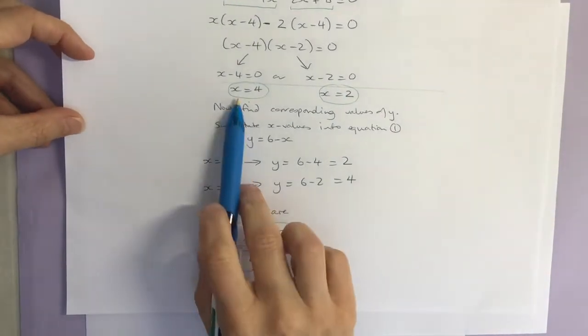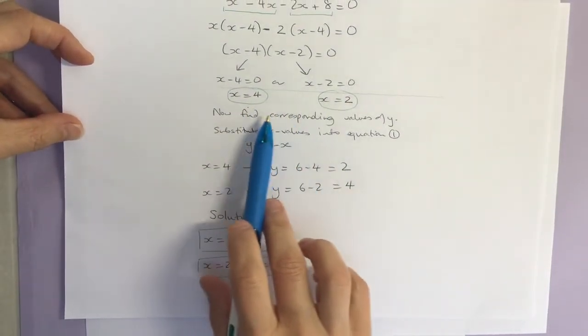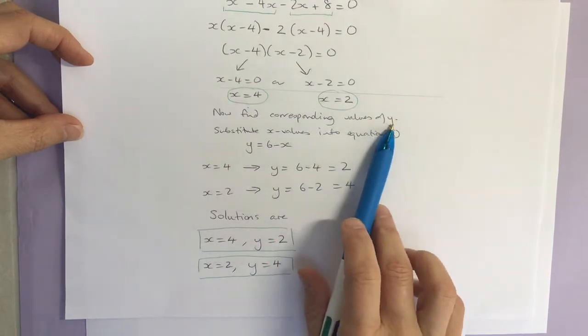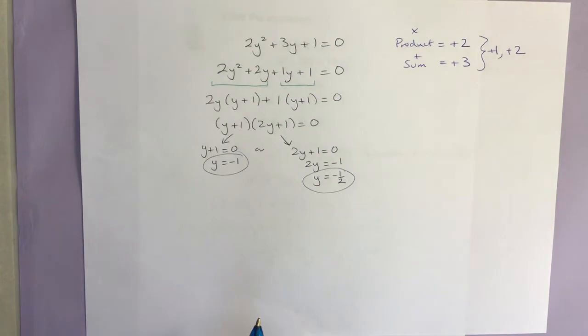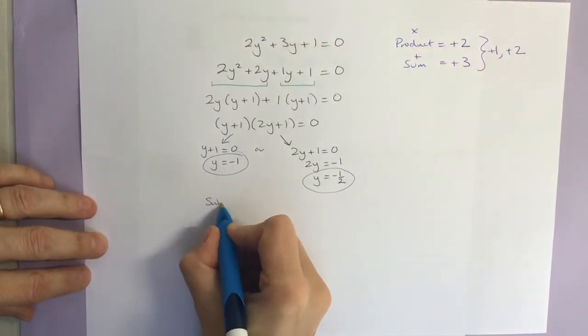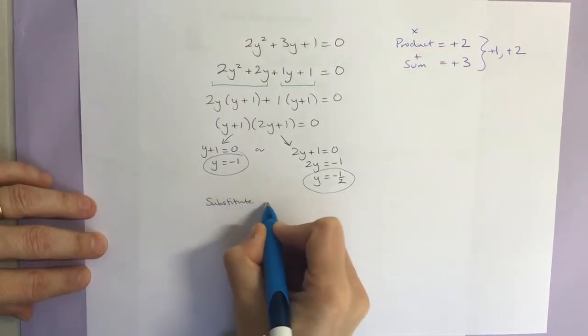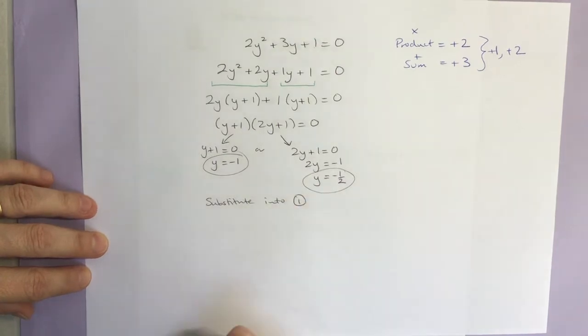If you remember from our equation, or example 1, once we found the x values in that case, we then found the corresponding values of the other letter by substituting into the easier equation. So let's do that here. So now what am I going to do? I'm going to substitute into equation 1.